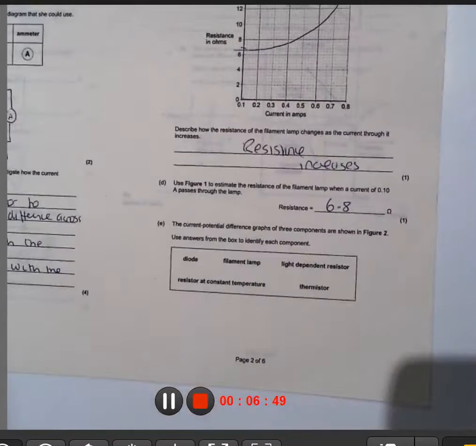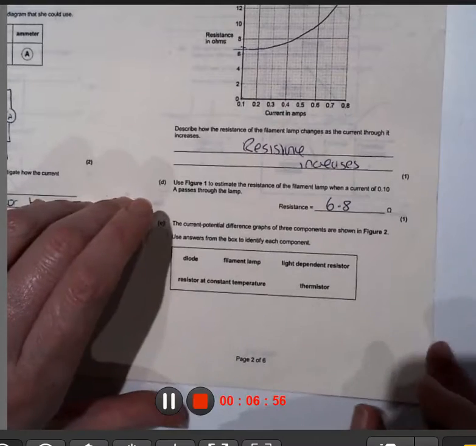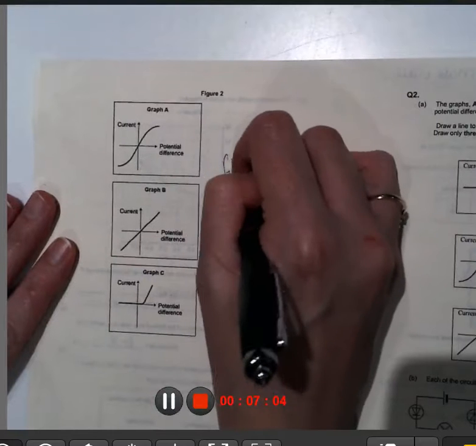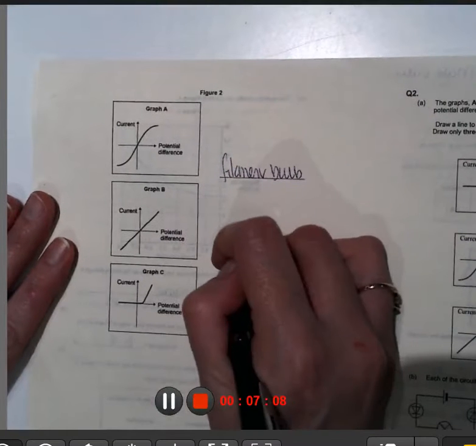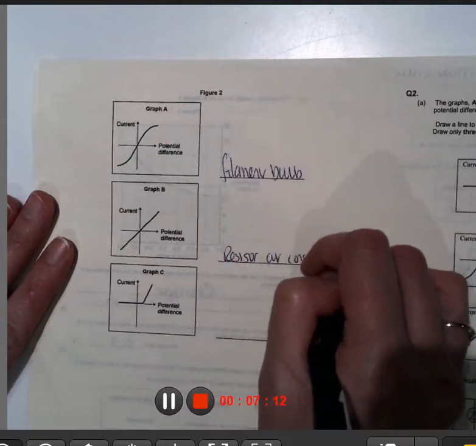It says the current potential difference graphs of the 3 components are shown in the boxes. Use the answers from the box to identify each component. So the one that looks like the S is the filament bulb. The one that is a straight line is a resistor at constant temperature.